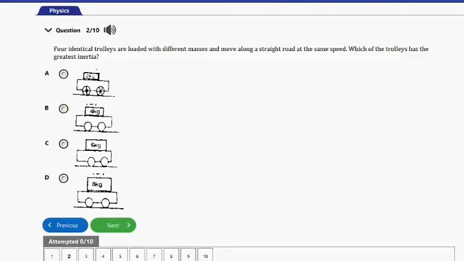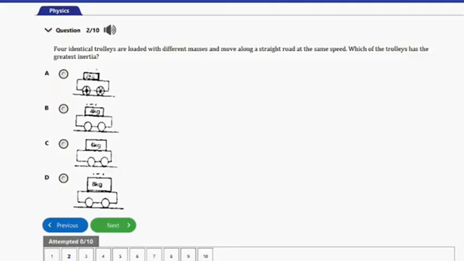So guys, in order for you to indicate the lorry that has the greatest inertia, the lorry carrying the greatest load will have the greatest inertia, because inertia is the ability of a body to resist movement when force is applied against it.